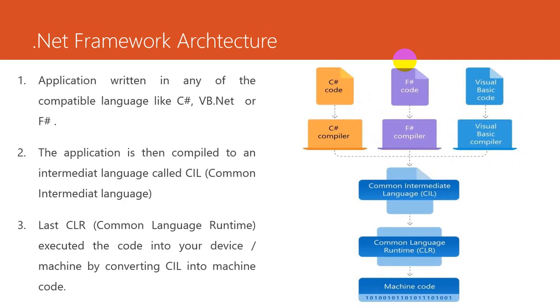What is the structure of the .NET framework? When you write a program using any language like C sharp, F sharp, or Visual Basic, and then run or compile your program, it first compiles your code into an intermediate language, which we call Common Intermediate Language, CIL.